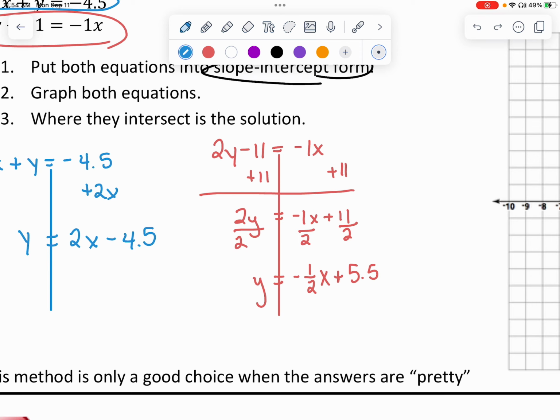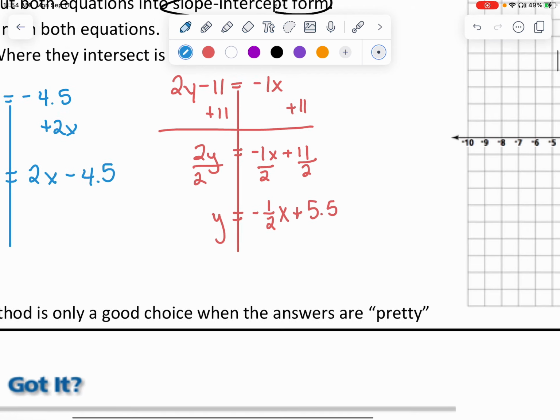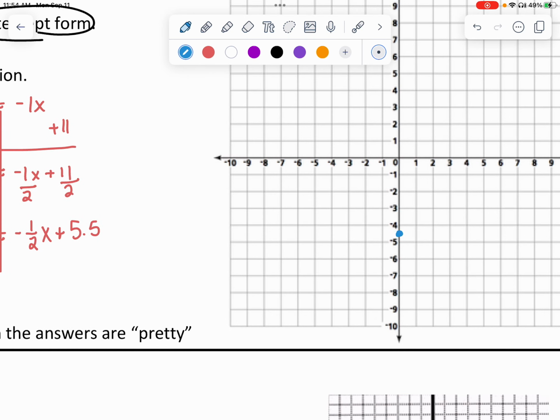Step 2, graph both equations. I'm going to graph the blue one first. I'm going to go to a y-intercept of negative 4.5, and I'm going to use the slope of up 2, right 1, up 2, right 1.